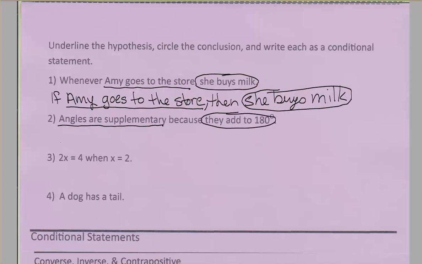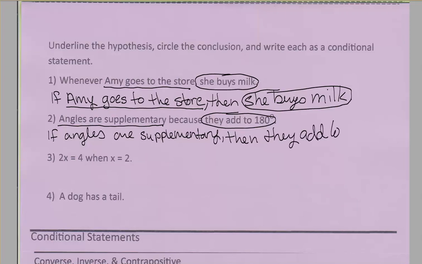So when we rewrite it, it says if angles are supplementary, then they add to 180. And again, everything in between the if and the then, but without the if and then, and everything after the then, but without the then. So hypothesis, conclusion.